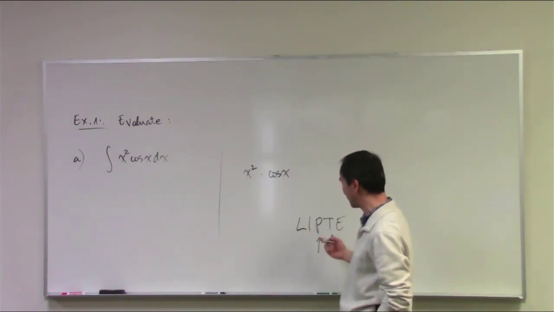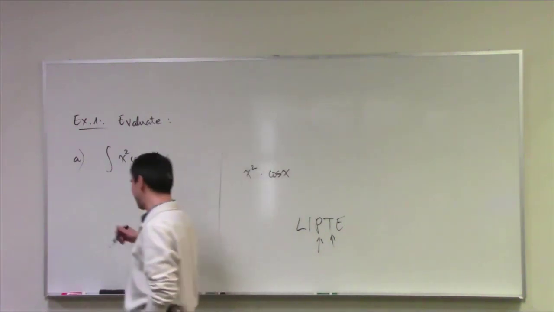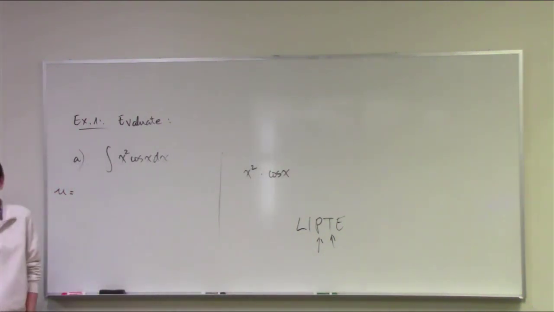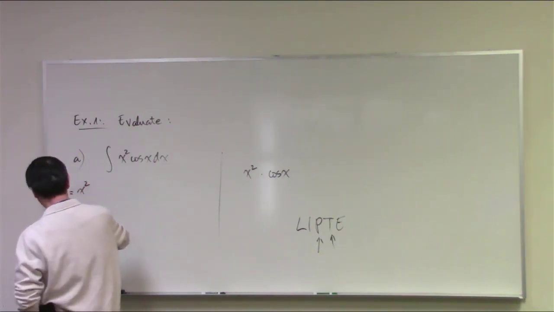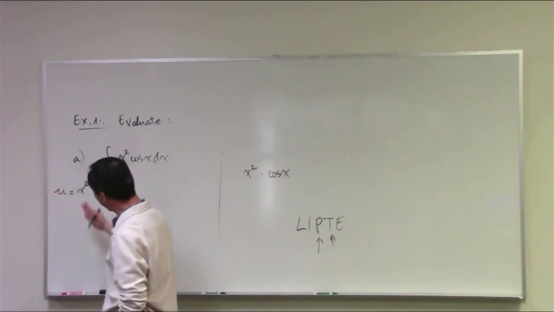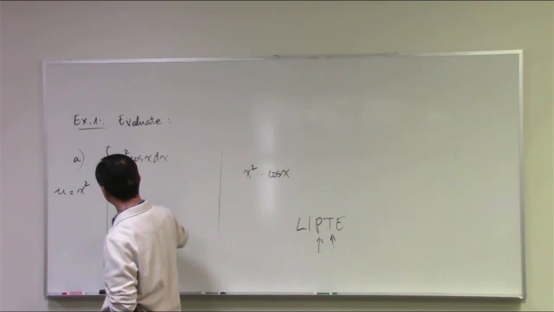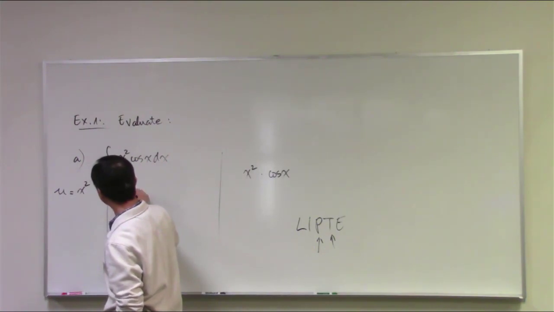So who has higher priority? The power function has higher priority. That tells us that we should, though there's no guarantee, try first to have u equal that whole power. Once we have isolated the u, everything else in this product, including the dx, is going to be considered as dv.